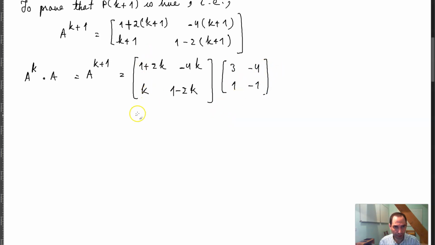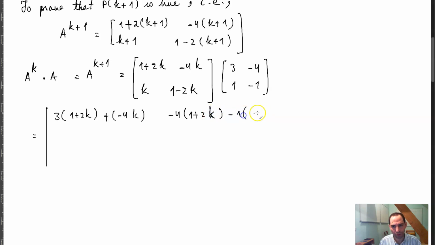If I do this calculation, this row times this column would be 3 times 1 plus 2k plus negative 4k, and then negative 4 times 1 plus 2k plus negative 1 times negative 4k.